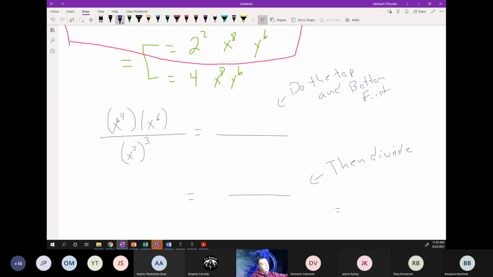On top, we're going to do our product rule, so we're going to add these. So that's going to be x to the 10. I'll put the little thing in here in between. Down here, we're doing our power of a power rule, which is multiplication, which is going to be x to the 6, which is 2 times 3, and then do your quotient rule, which is minusing.